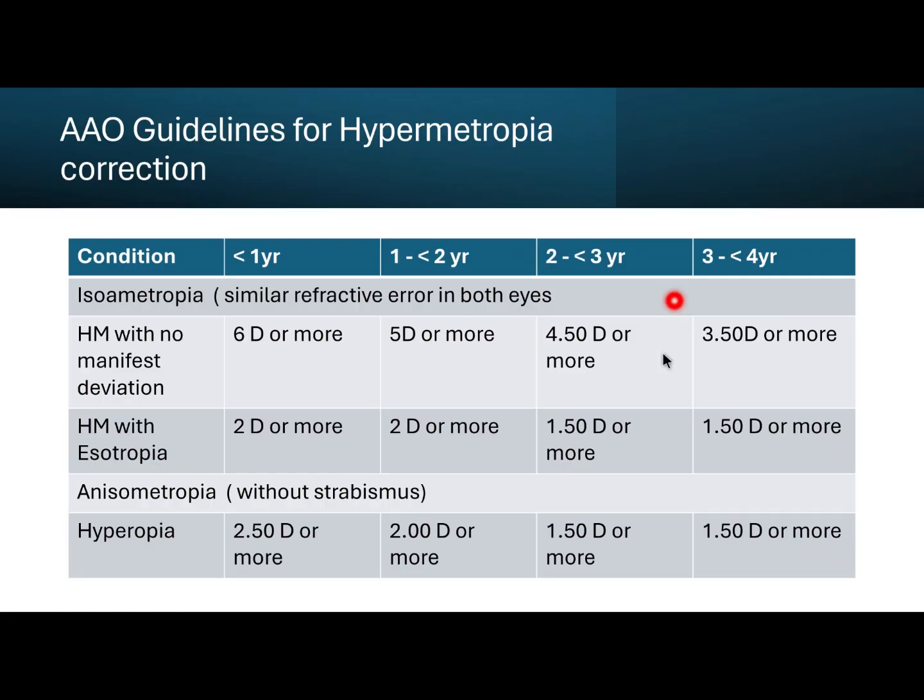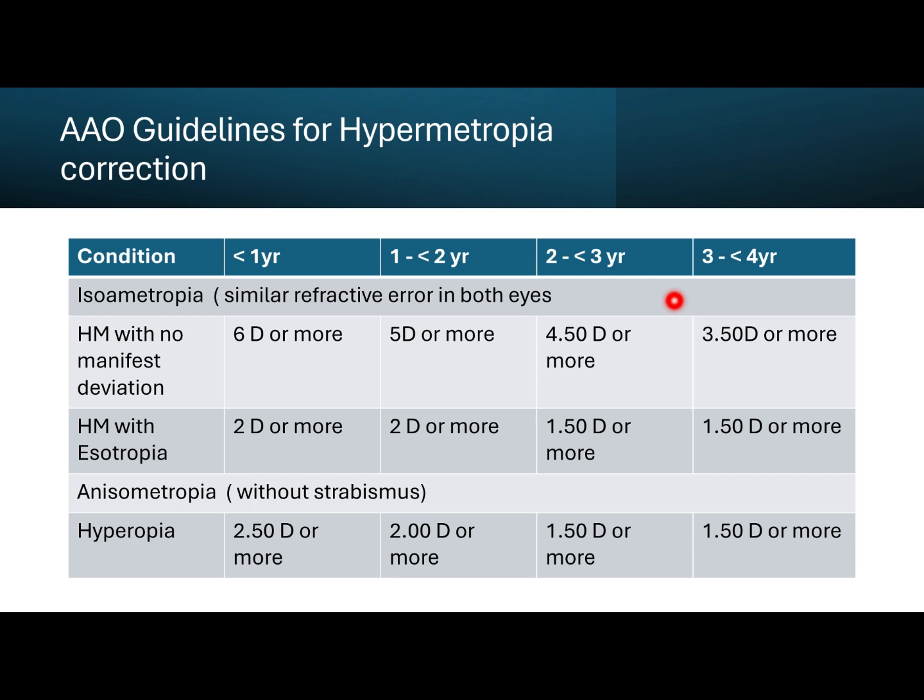Now again, the American Academy has given us guidelines as to when to intervene. So isoametropia. What is isoametropia? It is a condition where the refractive error is similar in both the eyes.